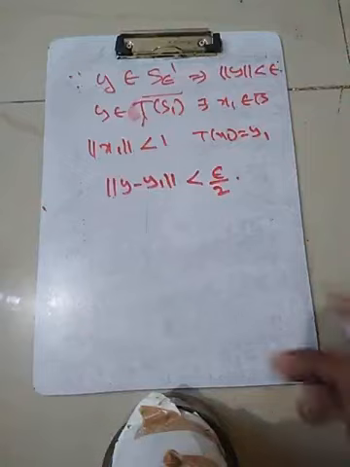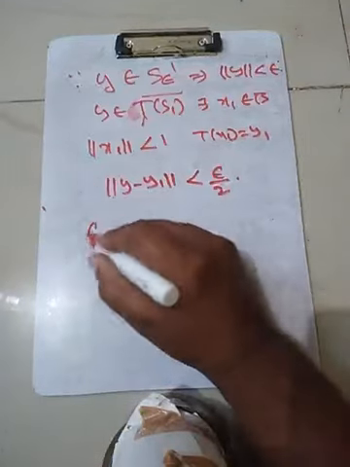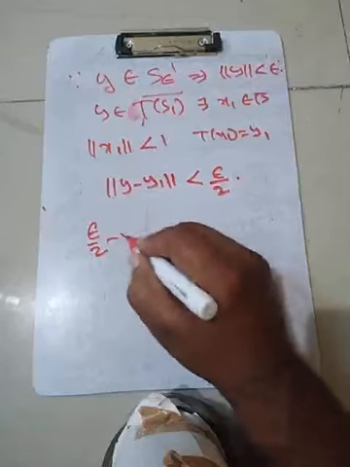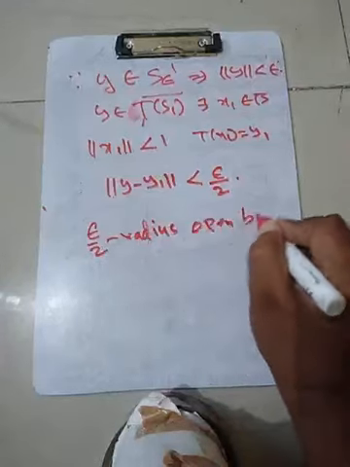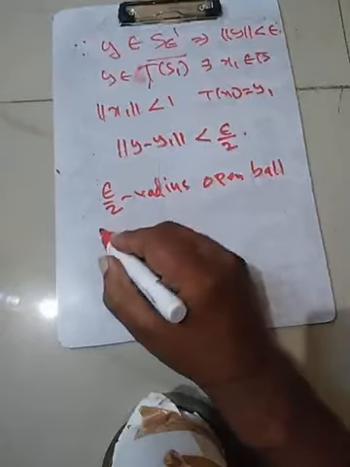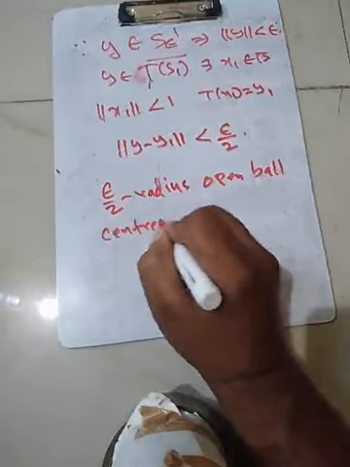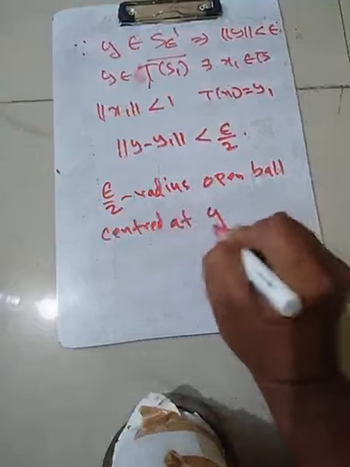So this is the epsilon by 2 radius open ball centered at y.